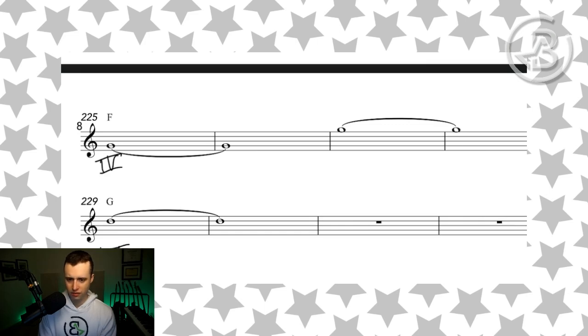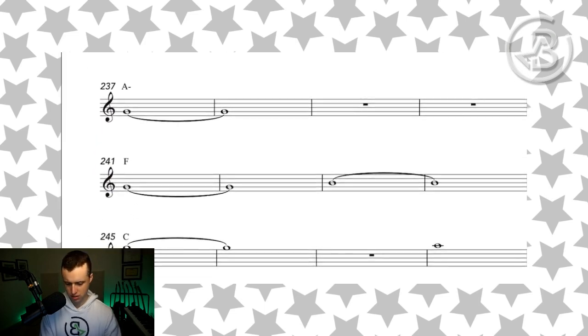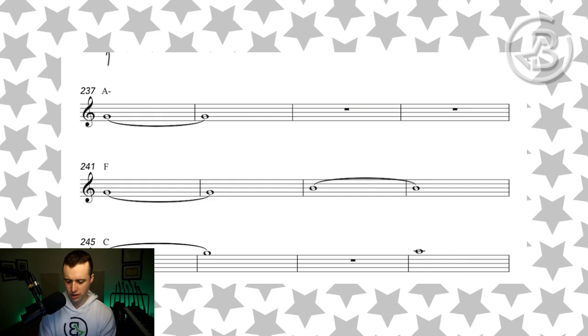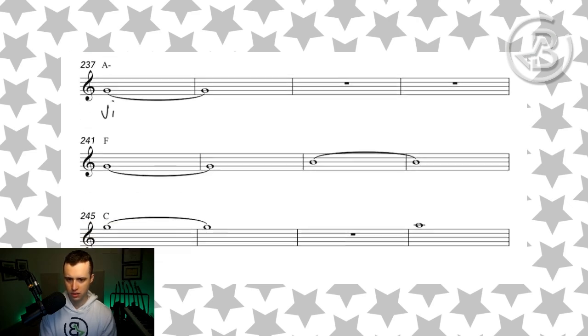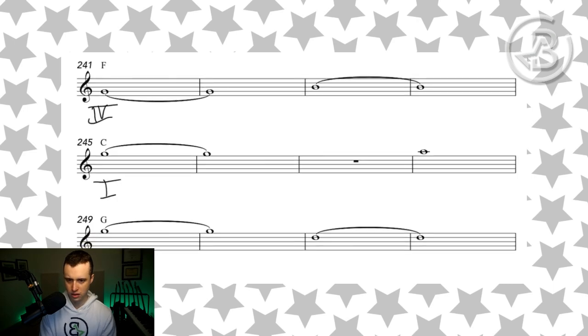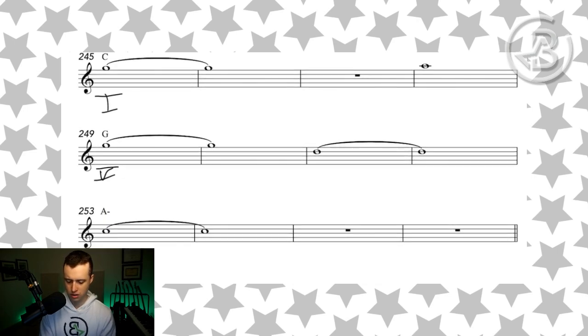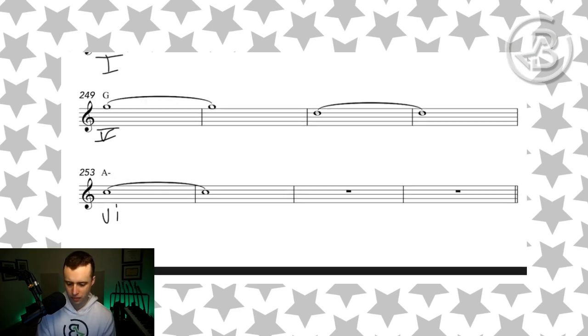G is 5. Then we're at C. A minor. F. C. G. And A minor to finish.